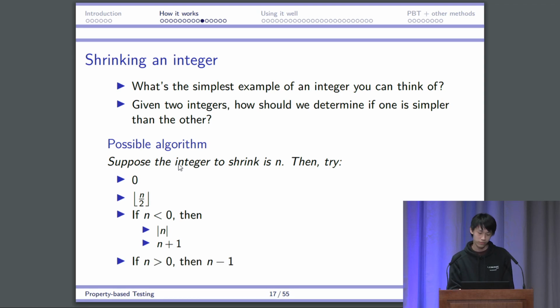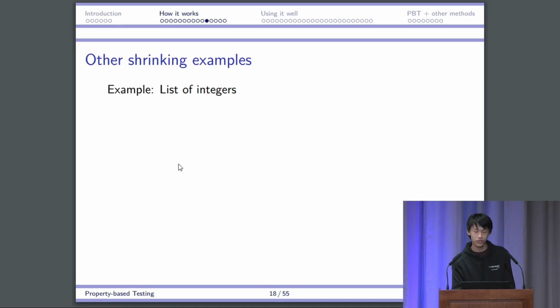And if n is positive, then we can just move it 1 space closer to 0. So this algorithm isn't perfect, and most libraries use a more sophisticated method to generate counterexamples. However, it communicates the general idea of what we're trying to do here. So let's do a few other examples. Let's try and shrink a list of integers. Let's try and develop an algorithm for that.